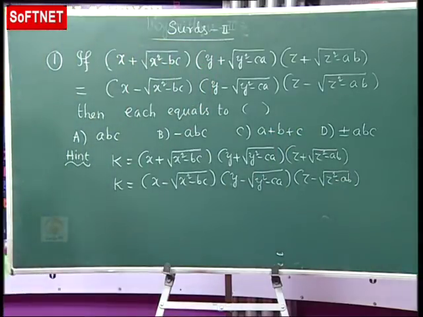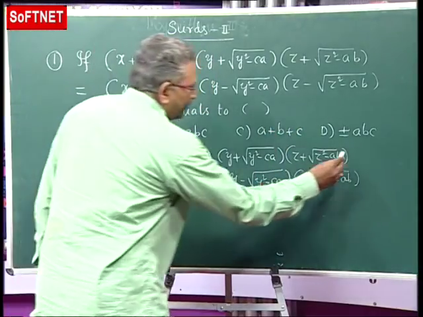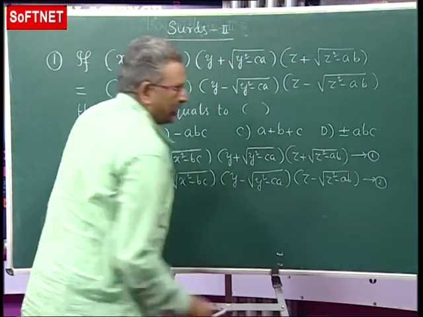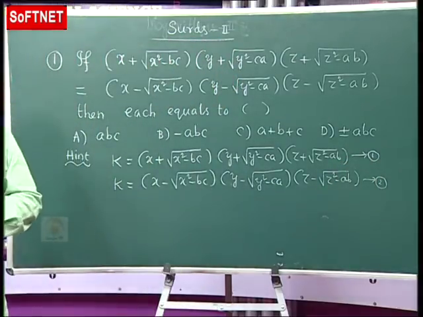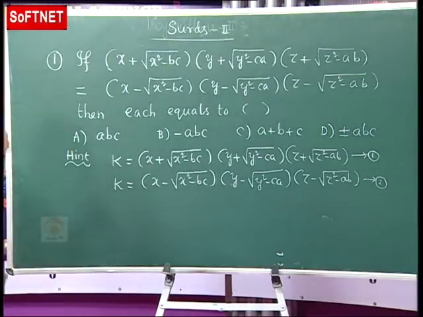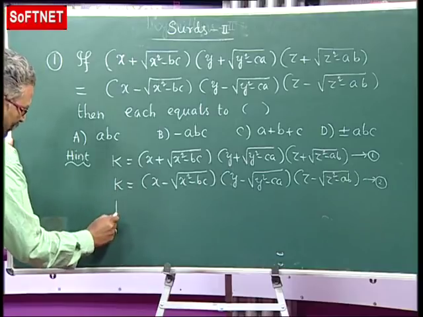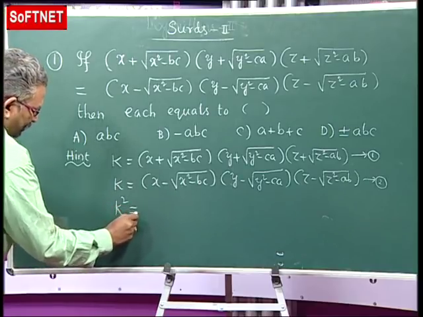Now say this is 1, say this is 2. Let us multiply 1 and 2. What do you get? If you multiply 1 and 2, k into k, k square. Am I correct?